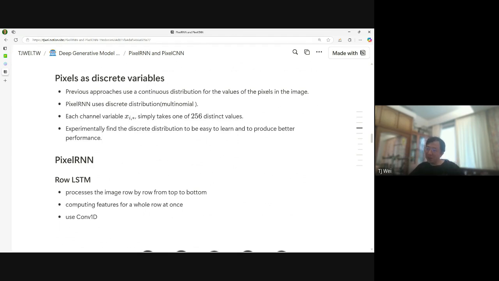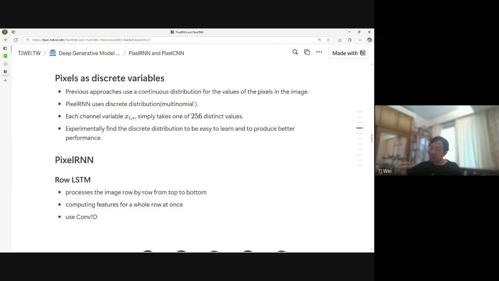So when we predict the intensity of a pixel, it should be like a continuous variable.